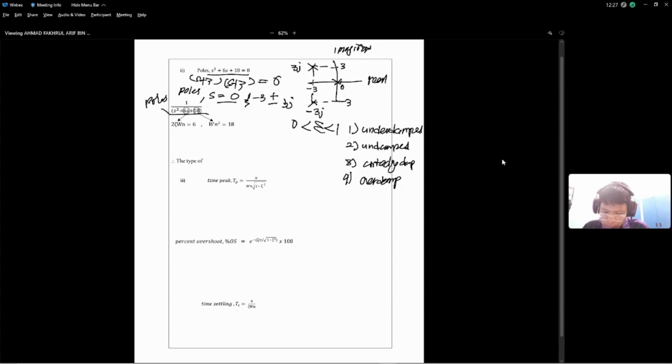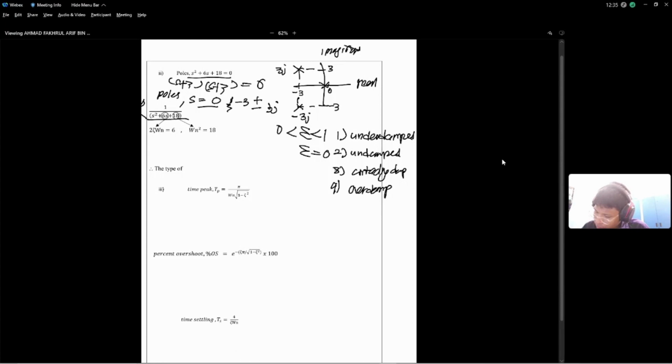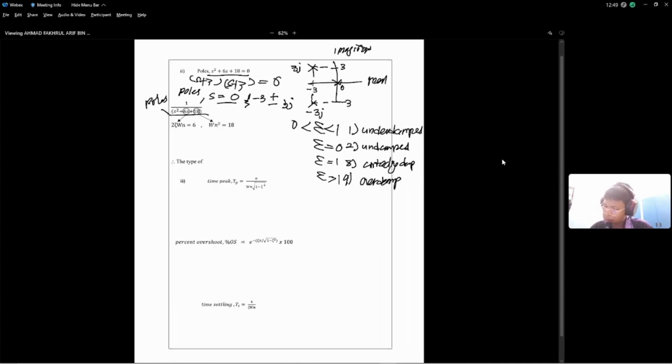For undamped, the damping ratio is the same as 0. For critically damped, the damping ratio is equal to 1, and for overdamped, the damping ratio is more than 1. Okay, so this is how you determine the type of the system response.